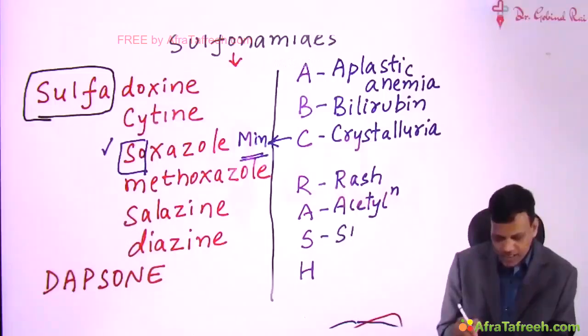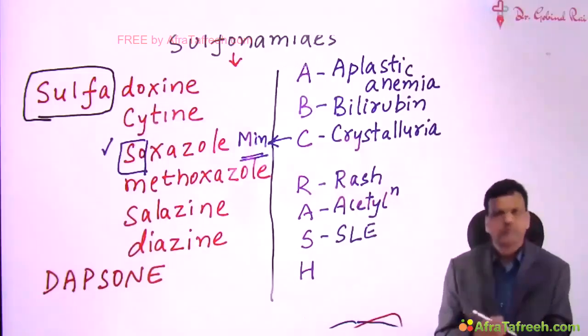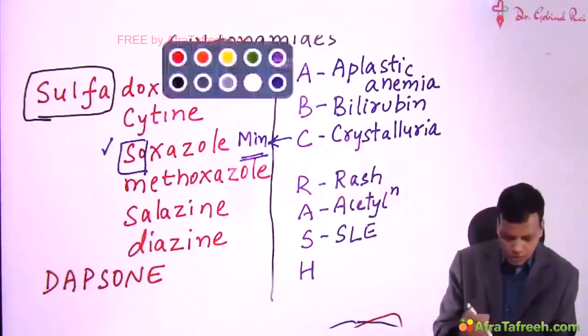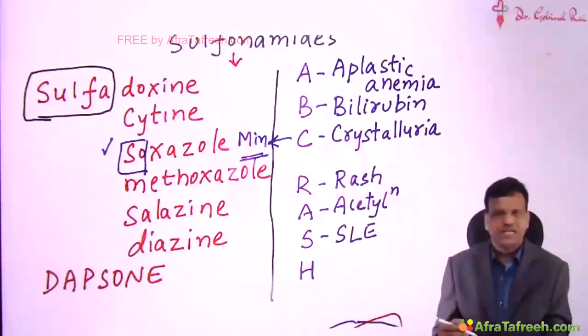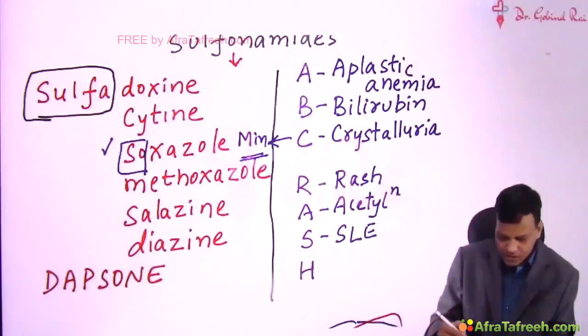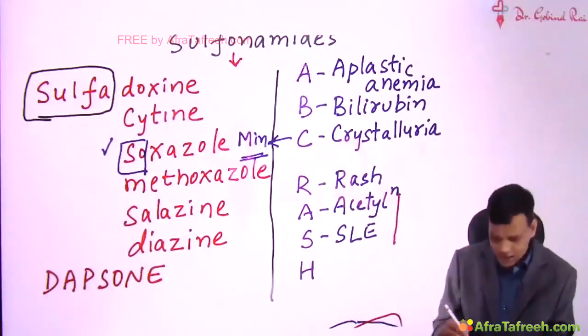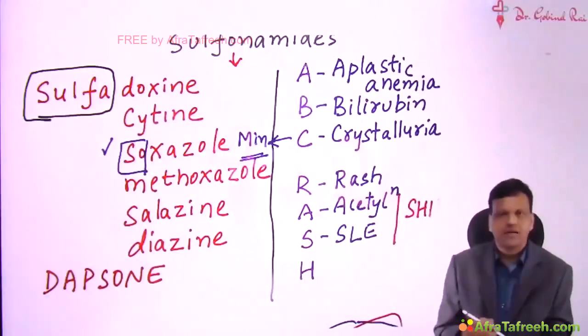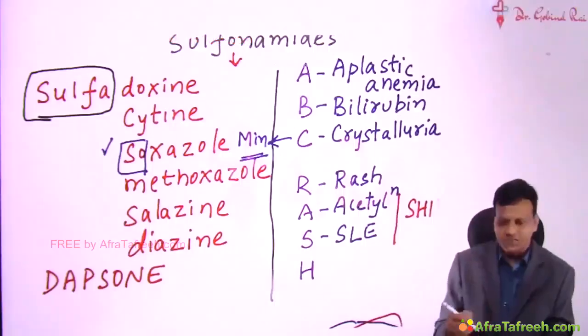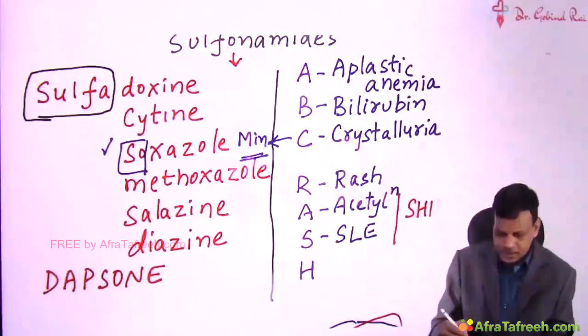Sulfonamides can cause SLE. Do you remember how to remember these two things, acetylation and SLE? Which drugs are metabolized by acetylation and cause SLE? Yes, we remember them as SHIP drugs. The drugs which are metabolized by acetylation and the drugs which can cause SLE are sulfonamides, hydralazine, isoniazid and procainamide.